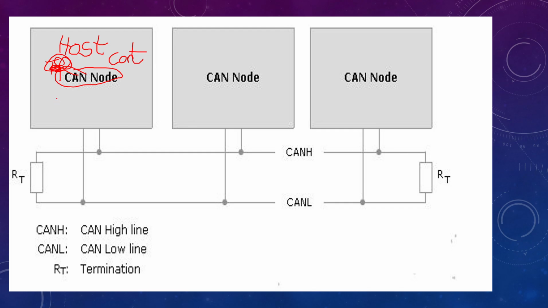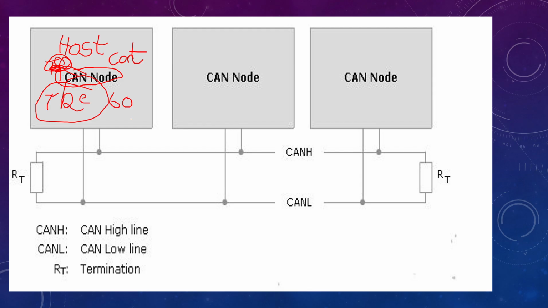This is where it comes into the picture. If you didn't have this third one, we couldn't use the 120 ohm resistor, because this third one is the transceiver. This transceiver has 60 ohms.